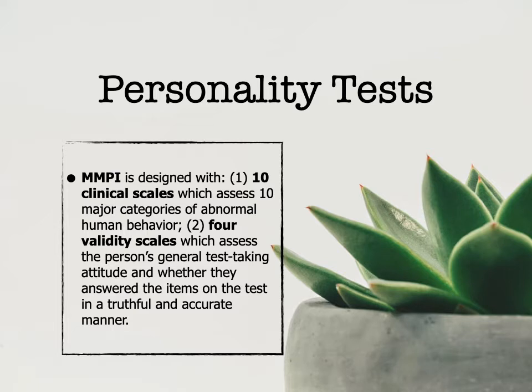There are also 4 validity scales to assess the person's general test-taking attitude, or whether they answered the items on the test in a truthful and accurate manner. So you would be able to know whether they are answering in random order, shading randomly, or not answering the test truthfully.